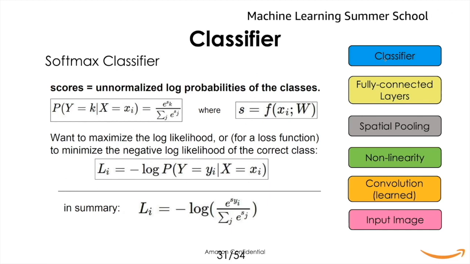Finally, we come to the classifier. In our case, we are using the softmax function as our classifier. So what is a softmax function? Softmax function takes an n-dimensional vector of real numbers and transforms it into a vector of real numbers in the range of 0 to 1, which add up to 1.